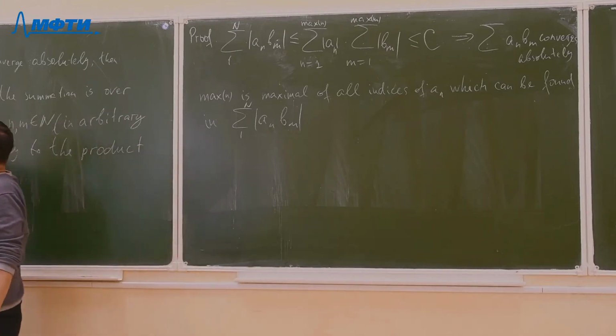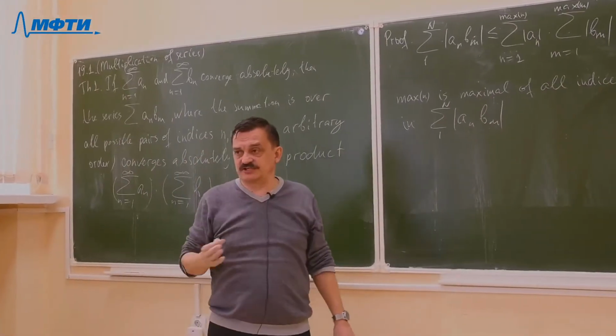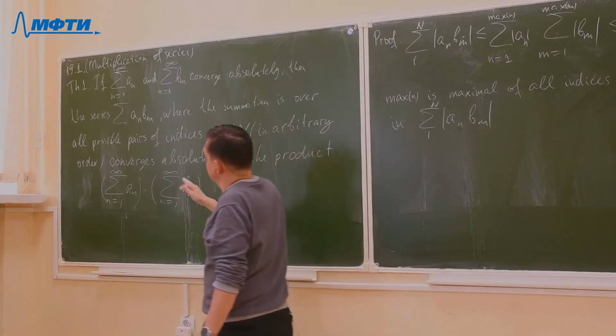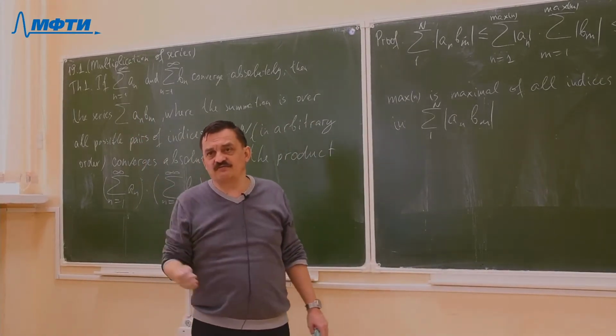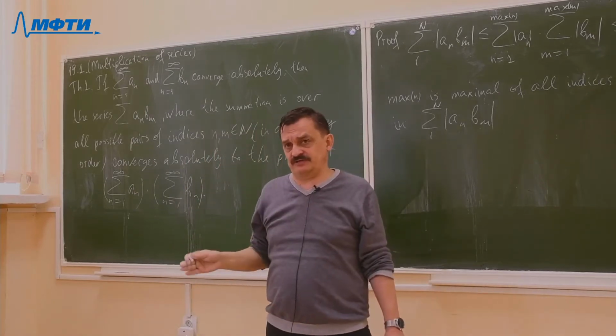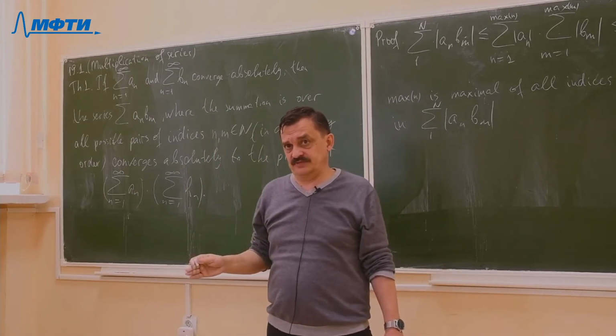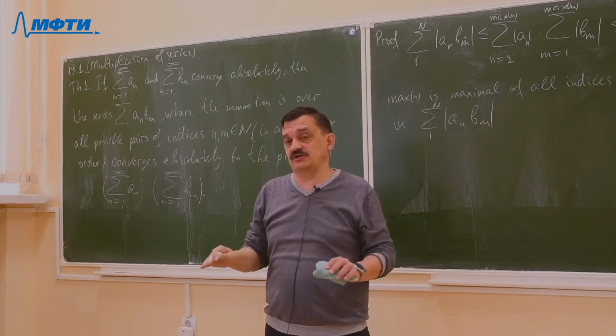We know that if a series converges absolutely, then the sum will be the same for arbitrary rearrangement. So we can choose arbitrary order.